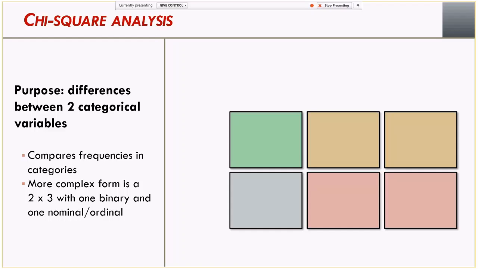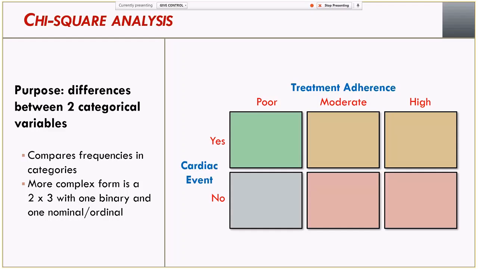I always encourage people to try and break them down to smaller categories. But let's say, for example, here we had at the top treatment adherence, poor, moderate, or high. On the left-hand side, we can see whether they had a cardiac event, yes or no. So we can populate our frequencies.